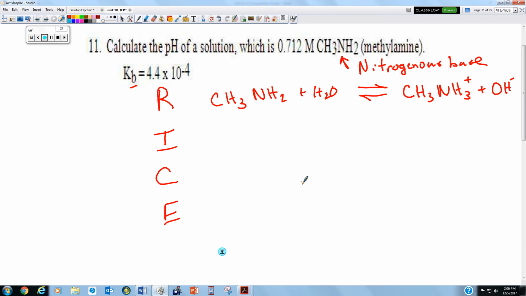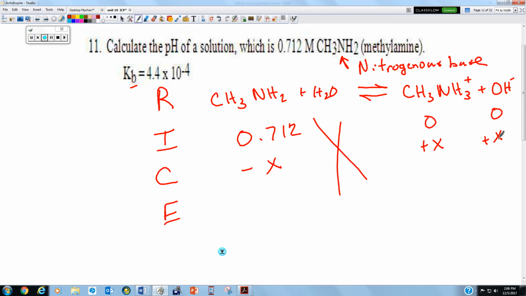All right. Initial concentration 0.712. Water doesn't matter. This one is 0, that one's 0. This is going to go down. This is going to go up.